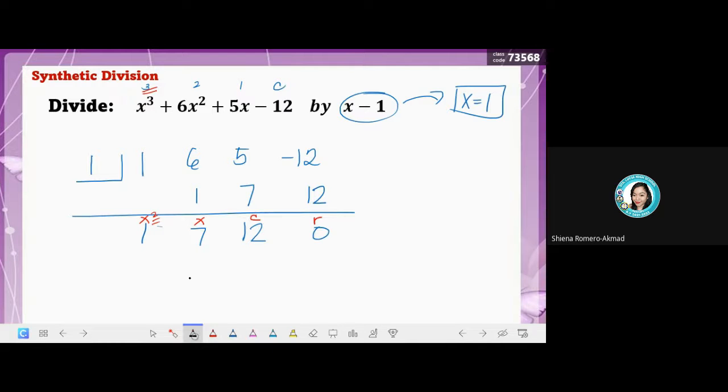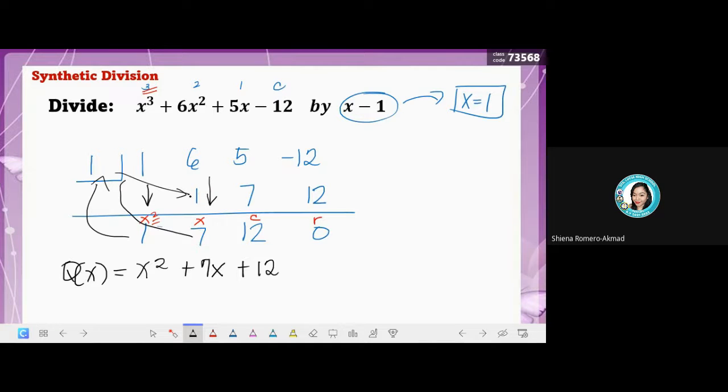So we have here the answer, which is x squared plus 7x plus 12 will be the quotient. Okay, so ang dali na lang pag synthetic division. Bring down, multiply, write it here, add. Multiply, write it here, add. Ganun lang. Very basic. Kayang-kaya ninyo.